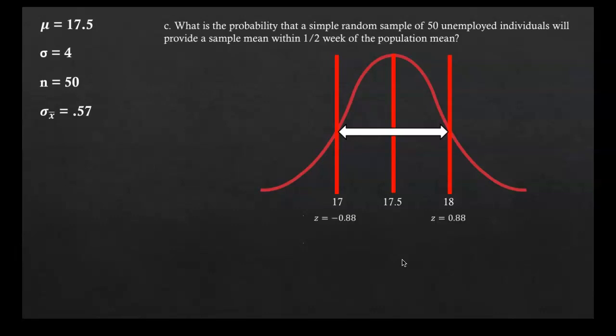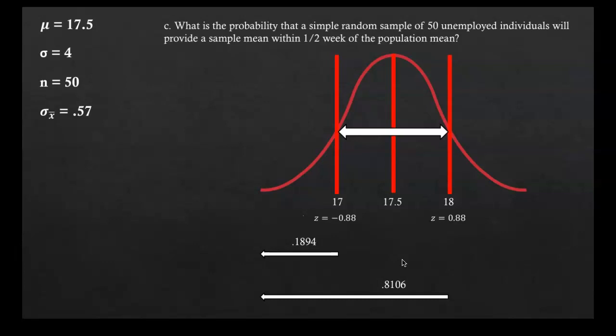So now we can look in our z-score table again, and we can find the areas. So the area to the left of negative 0.88 comes back as 0.1894, and the area to the left of positive 0.88 comes back as 0.8106.